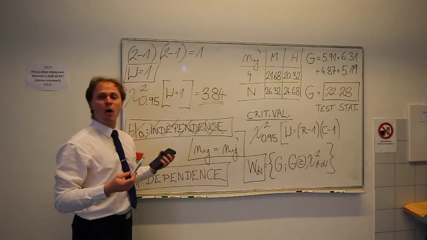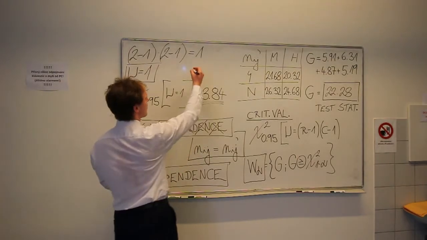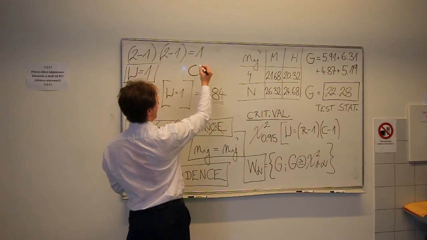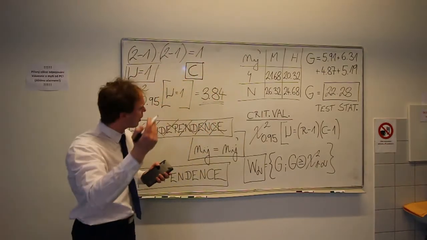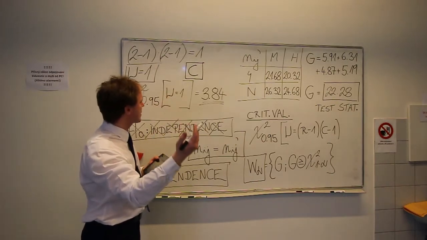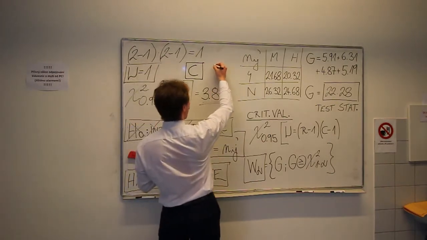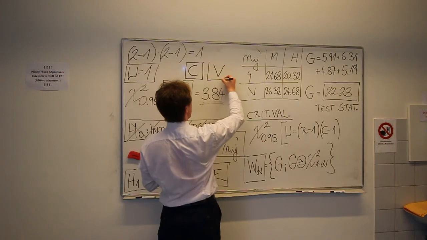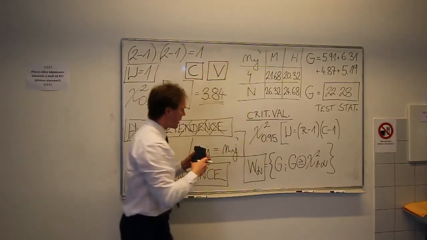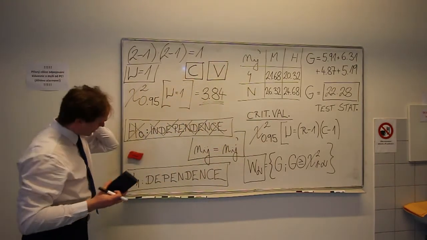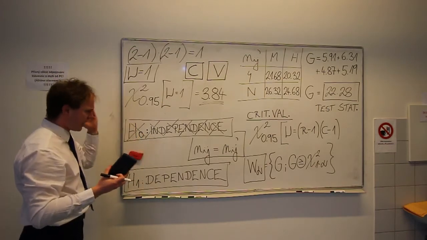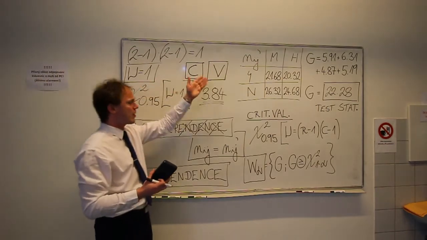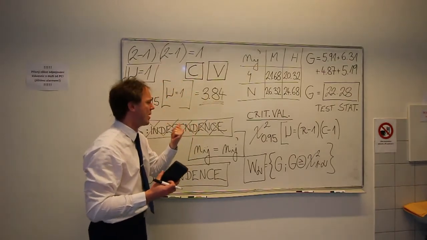A few weeks ago, we calculated the value of the Pearson coefficient C as the measure of existing dependency and the value of the Cramer coefficient V. Yes? So, in any case, whether the zero hypothesis is rejected or not, you can calculate the strength of this dependence, yes?